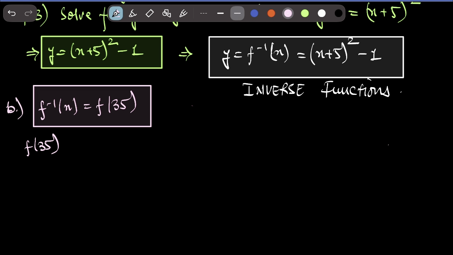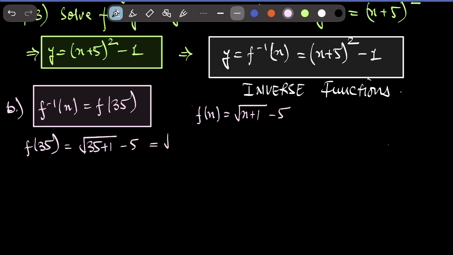So my equation f of x, I'm writing it over here again. So this is root of x plus 1, minus 5. Okay, so I will put 35 in it. So I will get root of 35 plus 1 minus 5, that gives me root of 36.